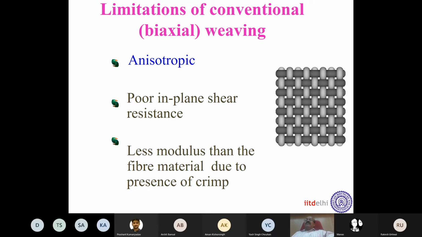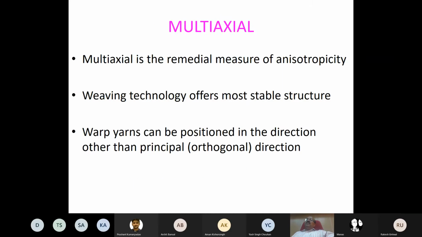So if you produce multi-axial fabric, this technology offers a remedial measure to produce an isotropic structure. Also, this technology gives you a stable structure. So what is the meaning of stable and why stable? It will come subsequently. Remember, this technology helps us get not only isotropic but stable structure.